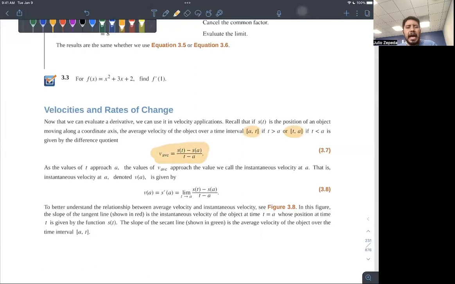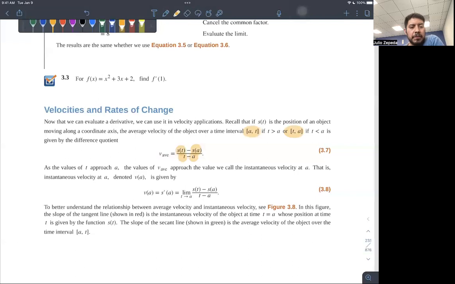So we can find the average velocity over an interval by finding the position at the end of the interval, subtracting the position at the beginning of the interval, that's like y2 minus y1, divided by x2 minus x1, subtracting the time values. And this is going to give us the distance divided by the time. And we know distance divided by time gives us sometimes called the rate of change. Since this is the rate of change of position, we call this the velocity.